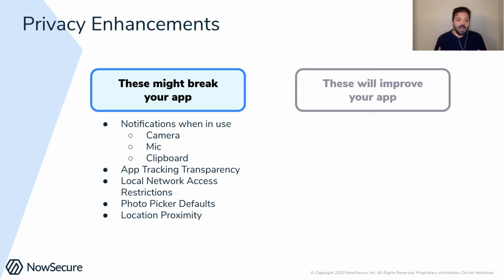Finally, location proximity. And I think this is actually really cool. This is like a soft feature update, which I think really does make things better. Basically, when your application accesses location, users are now going to be given the opportunity to not give you precise location, but rather an approximate location. So think of it this way.